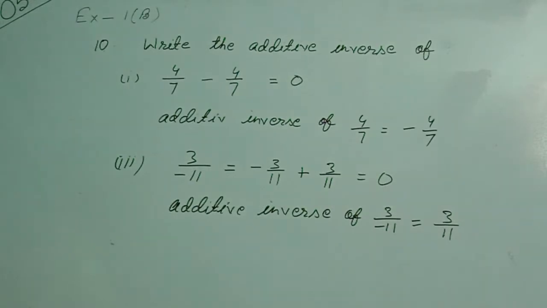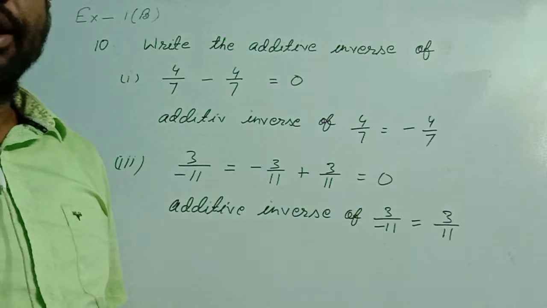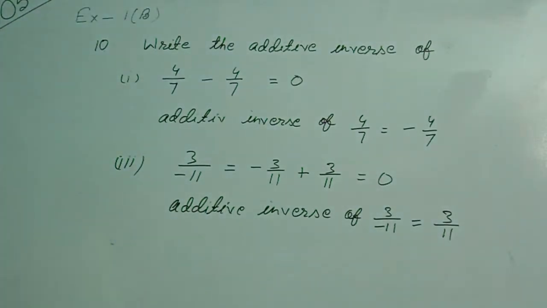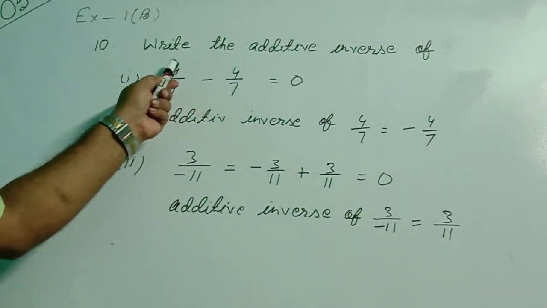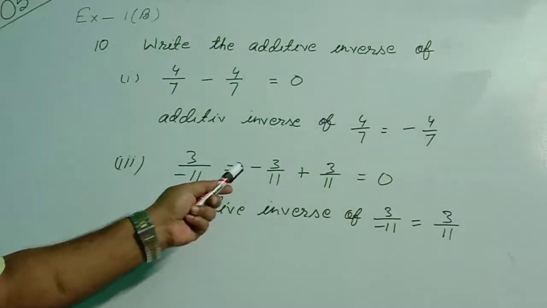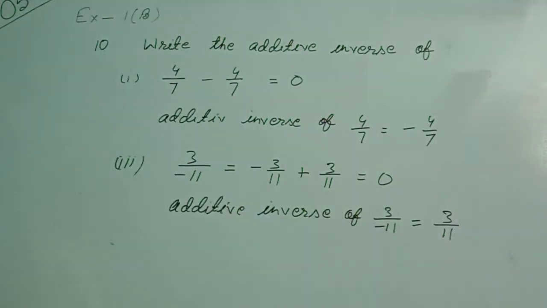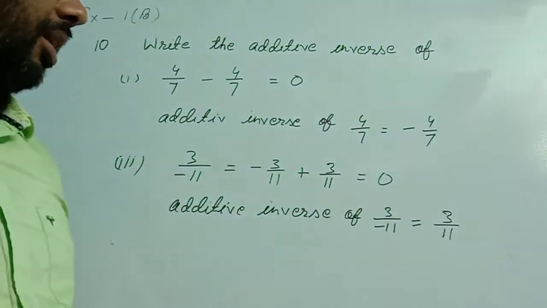In other words, we say additive inverse of any fraction is the opposite of that fraction. In which sense opposite? If this is plus, additive inverse of 4 by 7 will be minus 4 by 7. This is minus 3 by 11. Additive inverse of minus 3 by 11 will be 3 by 11.